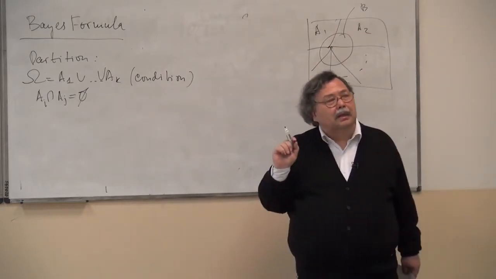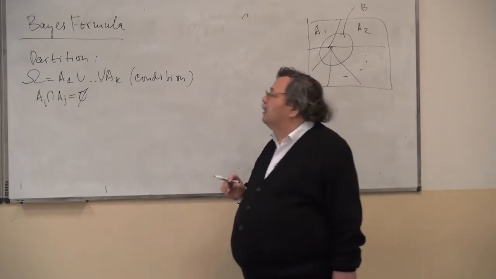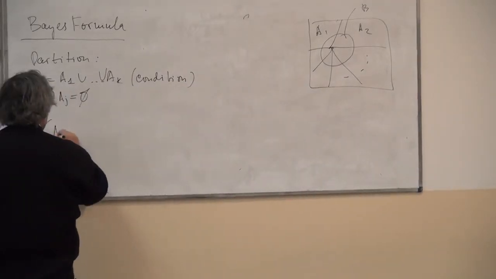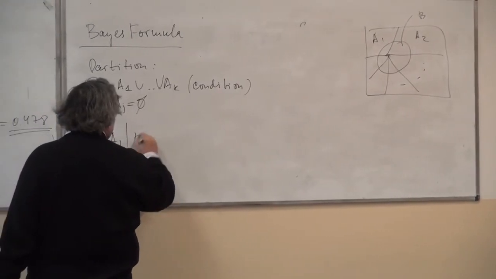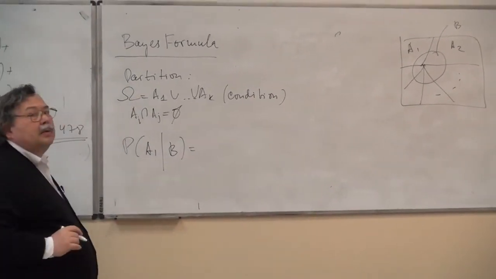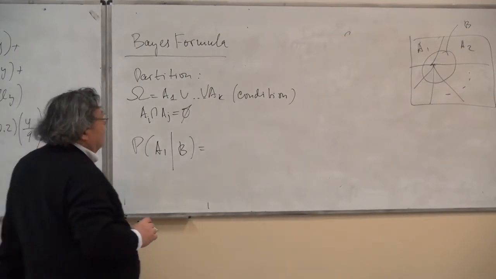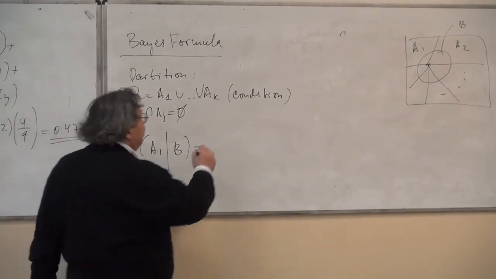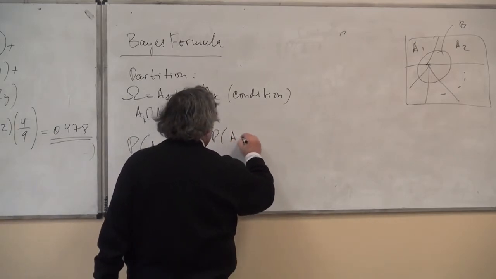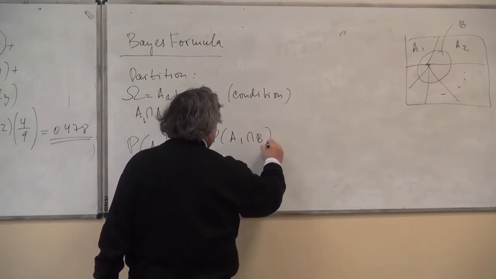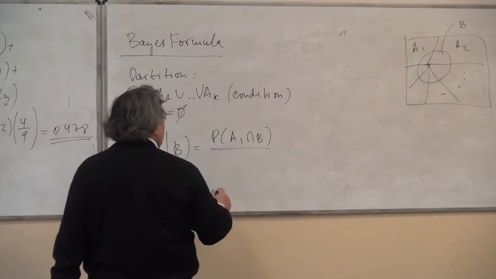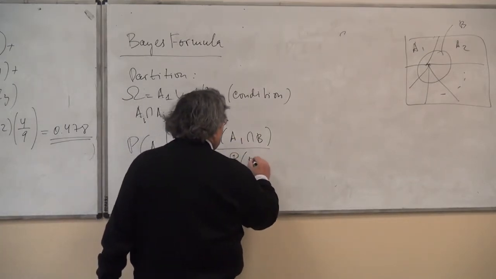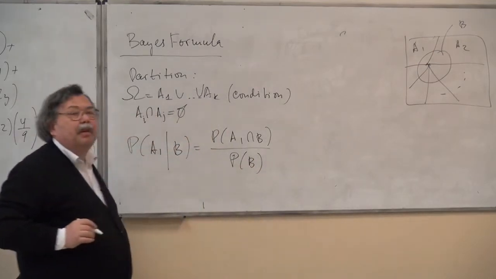It's kind of tricky, again, but it's important and productive. So what's the probability that A1 occurs given that B occurs? Okay? Because it's a conditional probability, we can use the formula: the probability of A1 given B is the probability of A1 intersect B divided by the probability of B.